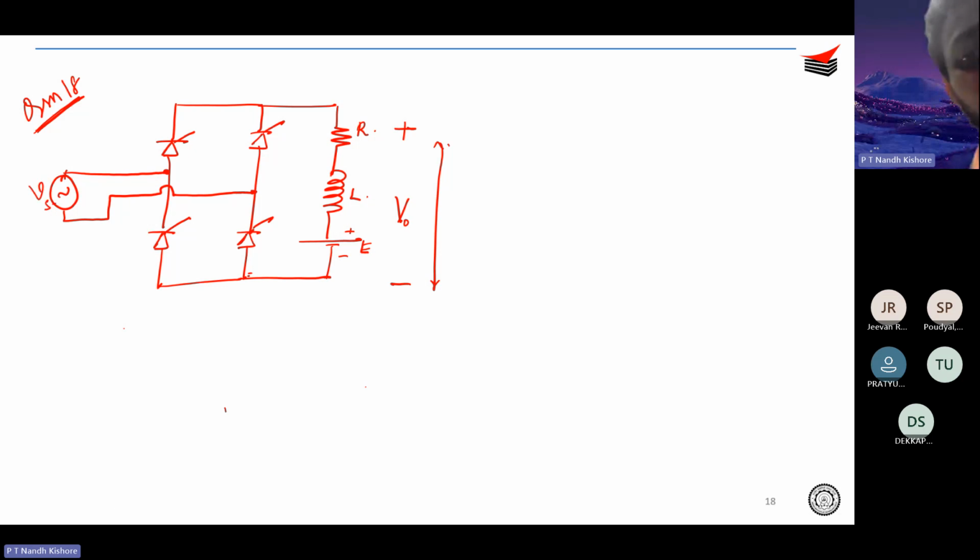Everything else is the same. So what is this? This is a full wave rectifier with an RLE load.